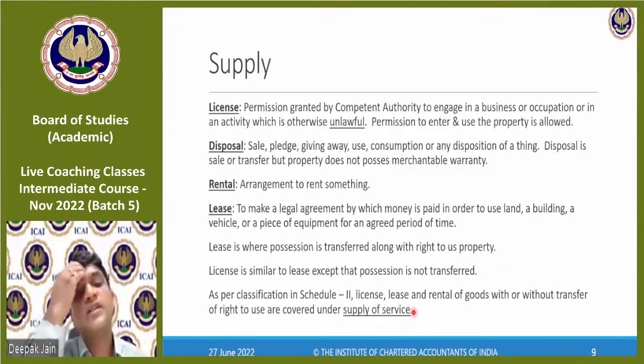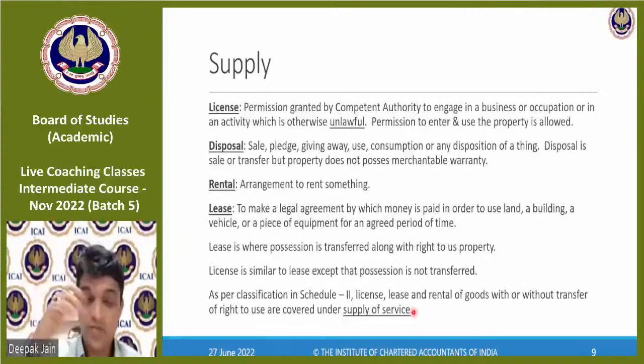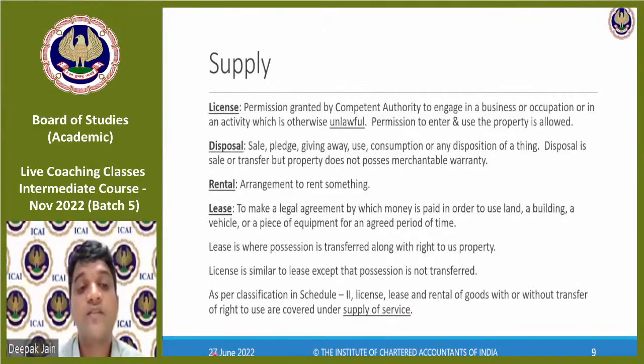License. The permission is granted by the competent authority to engage in a business or occupation or in an activity which is otherwise unlawful. So if I'm giving a permission which I should not give, but because of this licensing agreement or licensing contract, it has become lawful. Like a software vendor, like Microsoft.